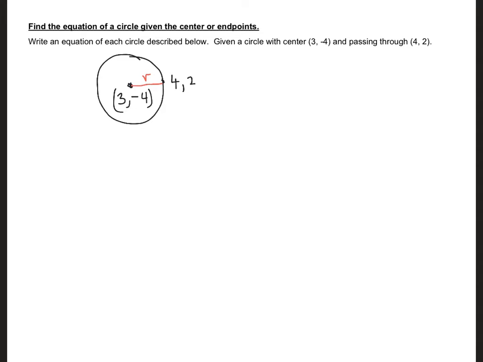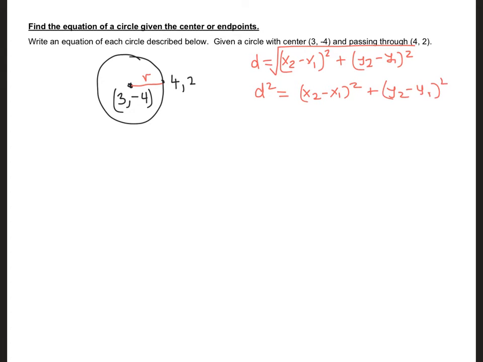If you remember the distance formula, the distance between 2 points is the square root of x2 minus x1 squared plus y2 minus y1 squared. If I was to get this squared, it will just be x2 minus x1 squared plus y2 minus y1 squared.